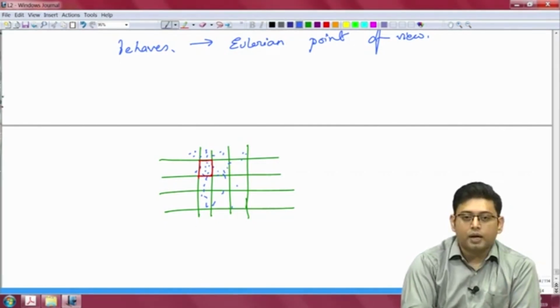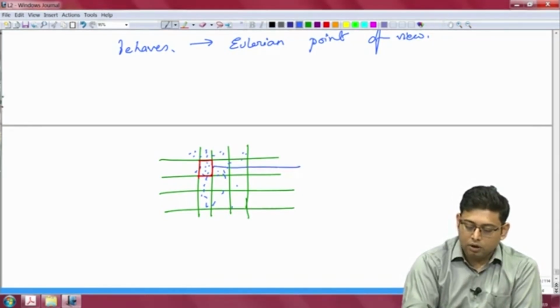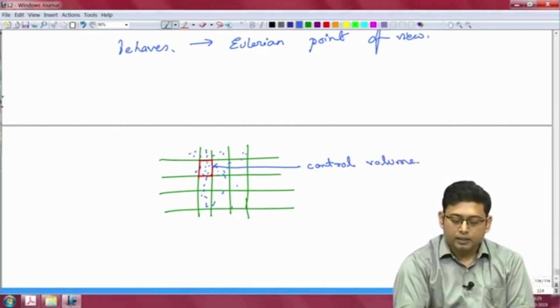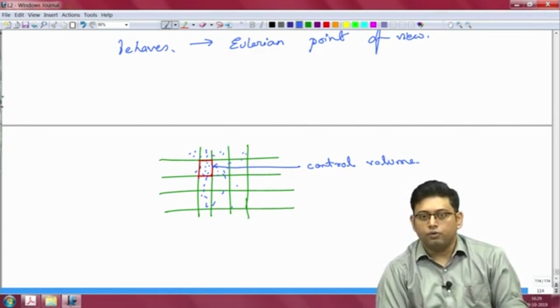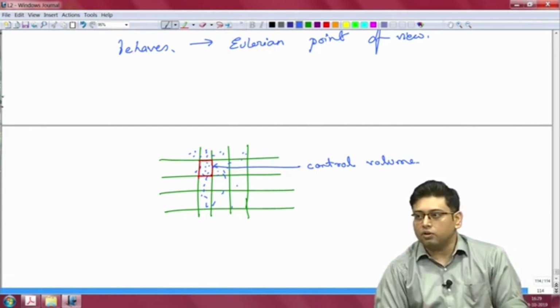So, I will only confine my attention to this small section, and you can probably realize that this is your control volume. If you take this same control volume and say that in the limit the size shrinks down to 0, that will also become your differential control volume.